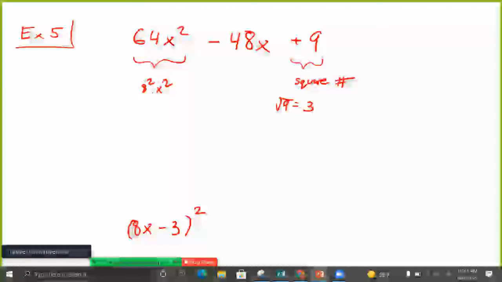Its square root is 8. And then I notice, okay, 8 times 3 is 24. And double 24 is magically, lo and behold, the 48, the B number in the middle. So this is a perfect square, but it is going to be a little trickier to use the perfect square rule when A is not 1 itself. So let's try doing this with our lists.